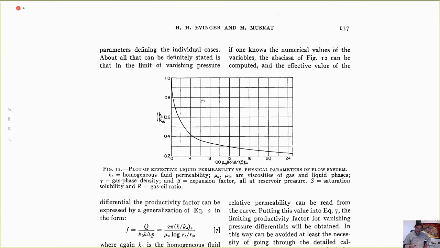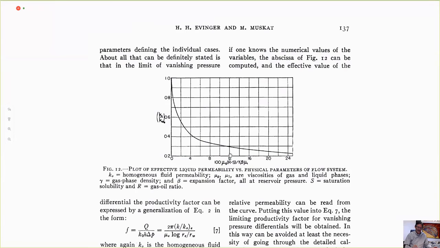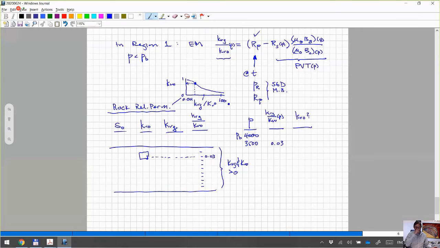This is KRO on the y-axis, and on the x-axis is KRG over KRO. That's RP minus RS. It's the same thing I wrote. It's not on a log scale, so it looks like this. If you put it on a linear scale, it looks like that. Put it on a log scale, it looks like this.